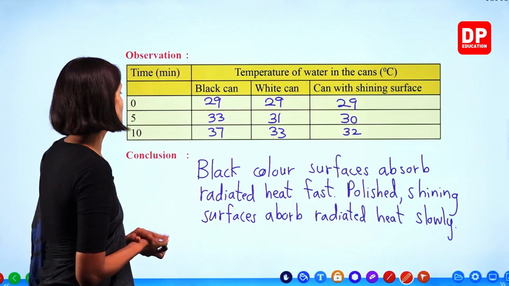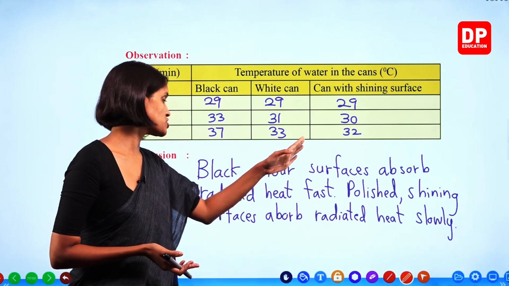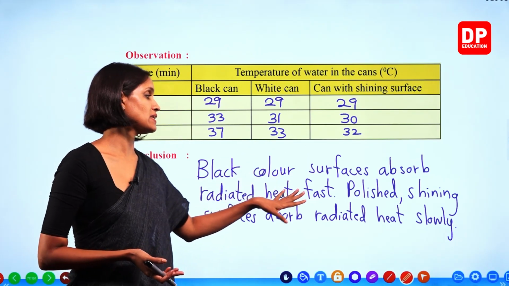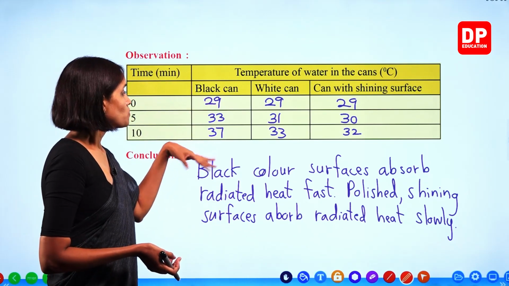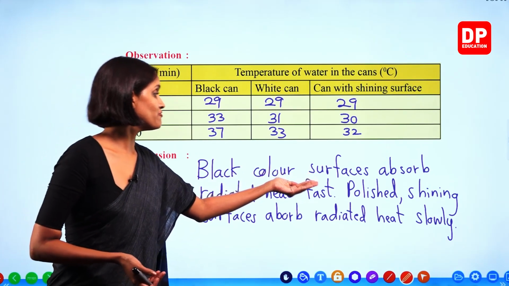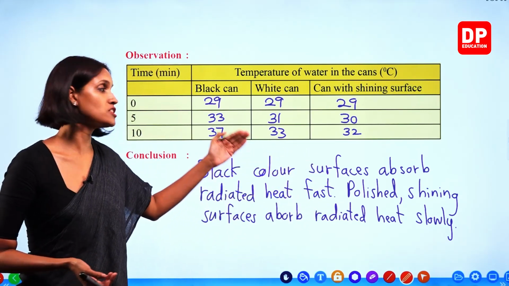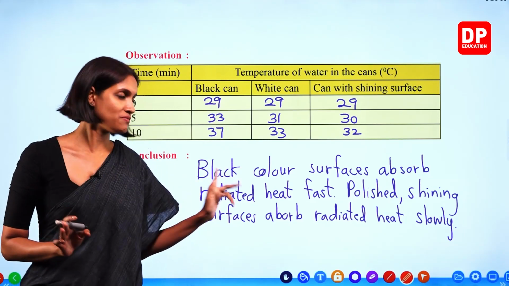Right, children? Black color surfaces absorb radiated heat fast. Polished, shining surfaces absorb radiated heat slowly. White color surfaces absorb radiated heat faster than the shining surfaces but slower than the black color surfaces. Okay, children? We'll move on to the next.